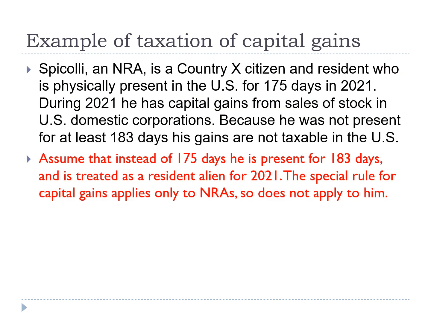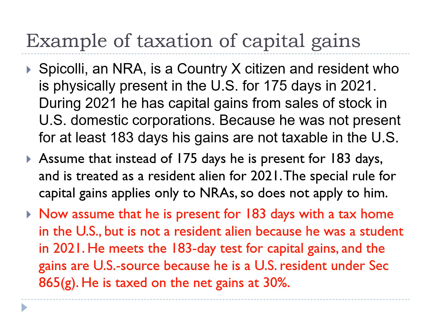Assume that instead of 175 days, he is present for 183 days and is treated as a resident alien for 2021. The special rule for capital gains applies only to non-resident aliens, so does not apply to him.